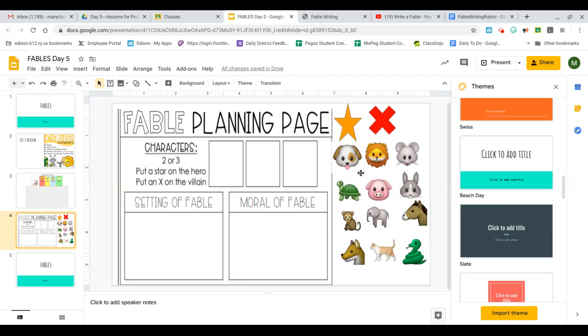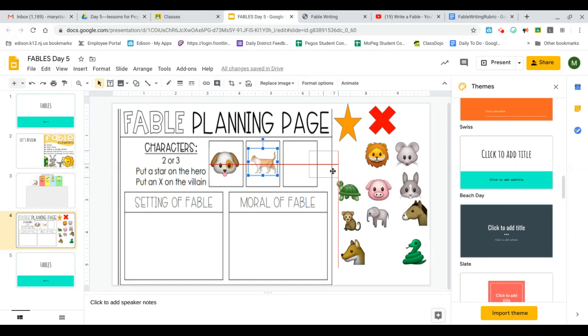So I think for my story, I would like to have a dog. So I'm just clicking and dragging it over. A cat. And maybe instead of a cat, I think I'm going to do a dog and a snake.